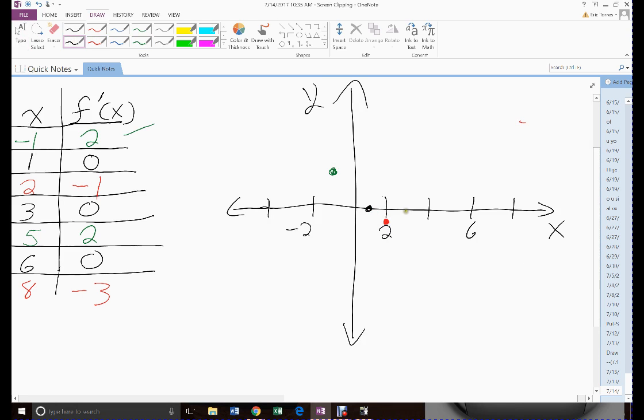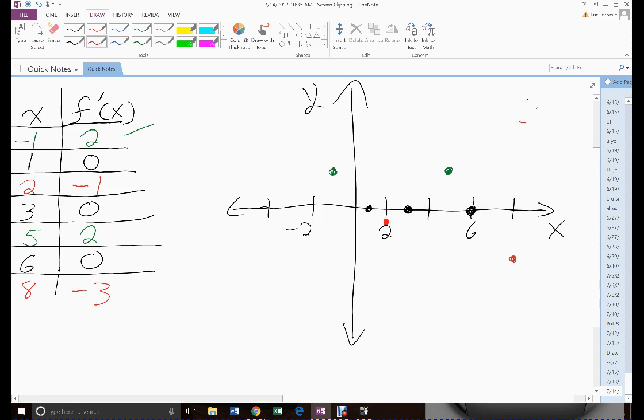That's here. Next point, 5, 2. Let's see, that's 3, 4, 5, 2 is about here. And then we have what, 6, 0 in black. And then 8, -3 in red.